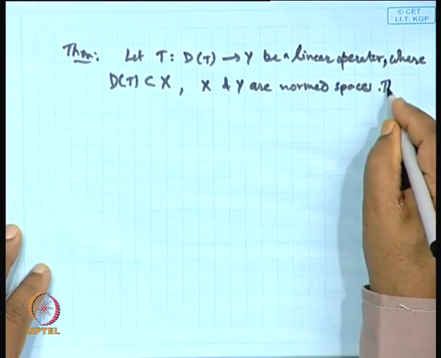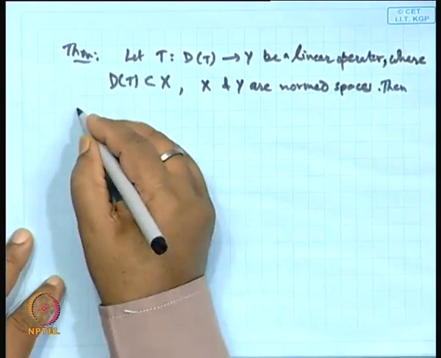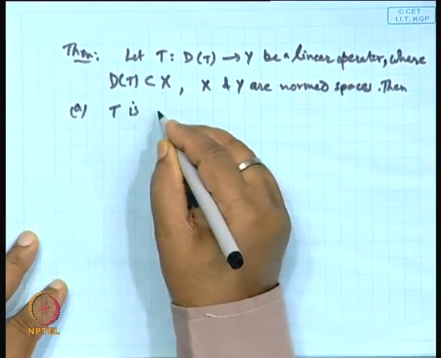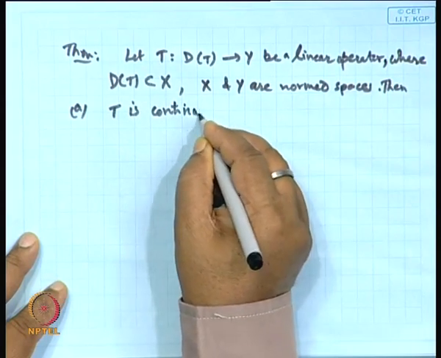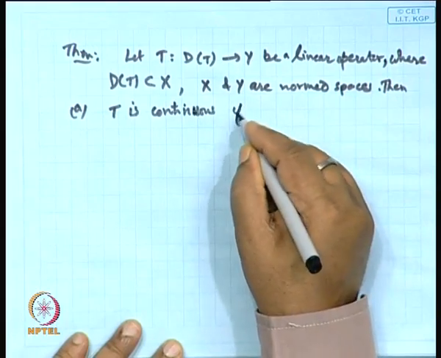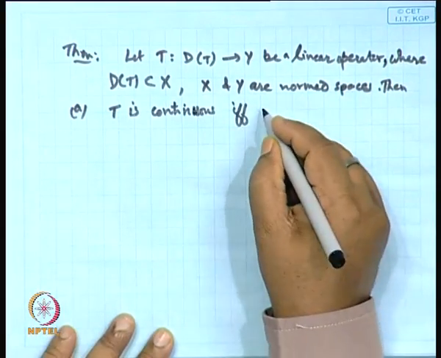Then, one: T is continuous if and only if T is bounded.